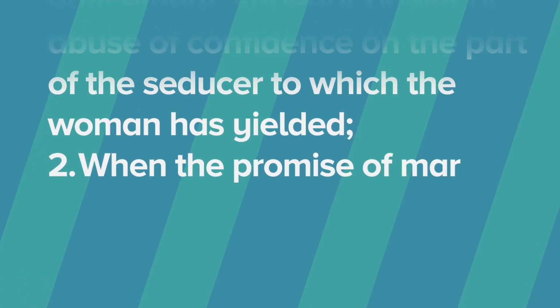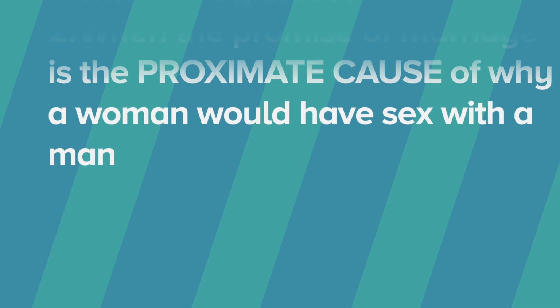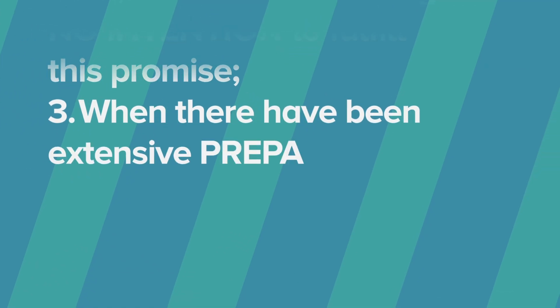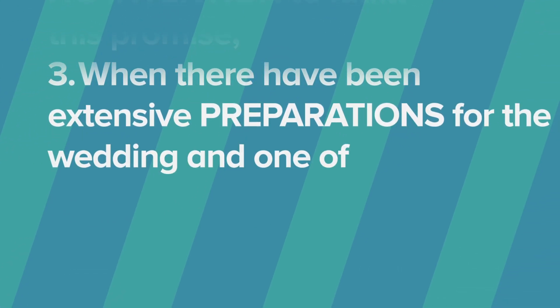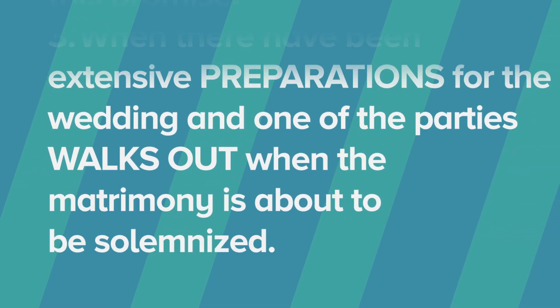Two, when the promise of marriage is the proximate cause of why a woman would have sex with a man and the man clearly has no intention to fulfill this promise. Three, when there have been extensive preparations for the wedding and one of the parties walks out when the matrimony is about to be solemnized.